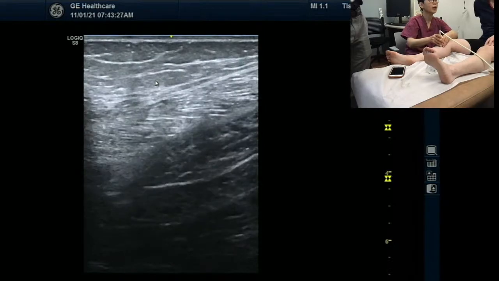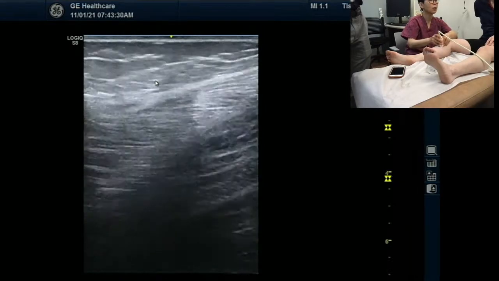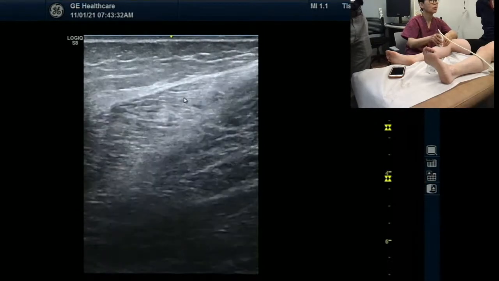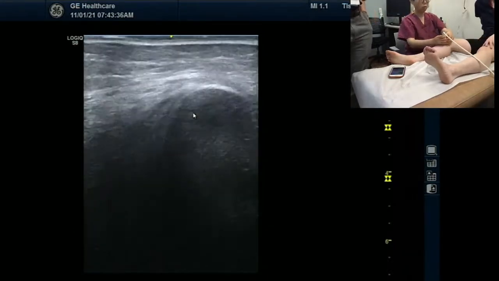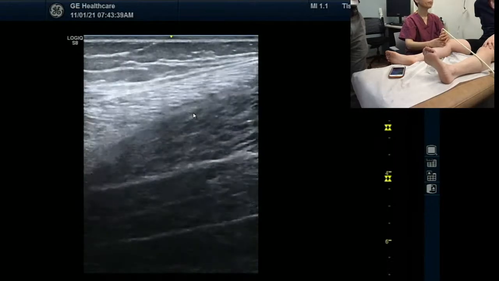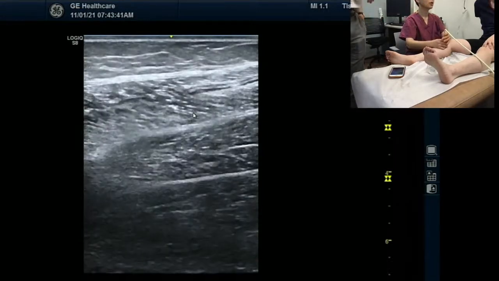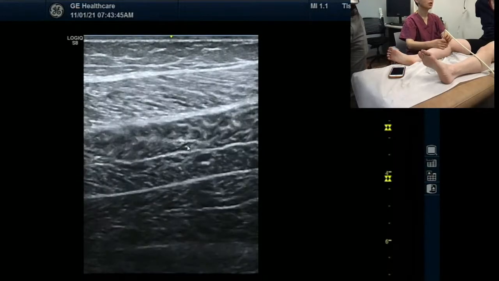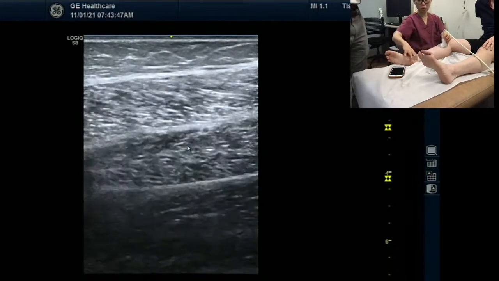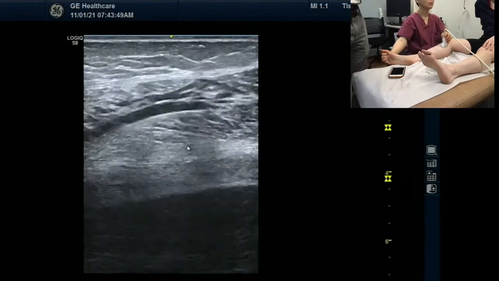Here, if you look at it, gastrocnemius, soleus, but I cannot get to that point. Here, look, gastrocnemius, soleus, flex. Can you wiggle your toes? That's gastrocnemius. Here, don't move this. Only grab my fingers.